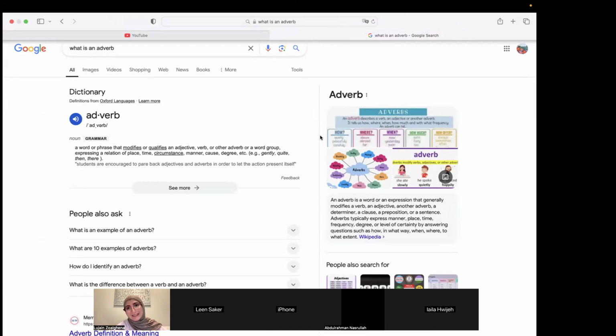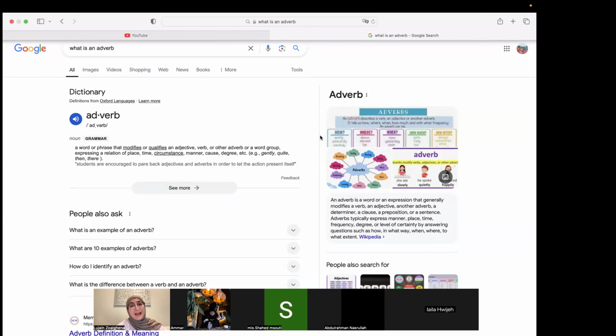Quickly. So quickly is the adverb. Correct. She ate slowly. Where's the adverb? Slowly. Exactly. He was happy. What's happy over here? Adverb? No, it's an adjective.